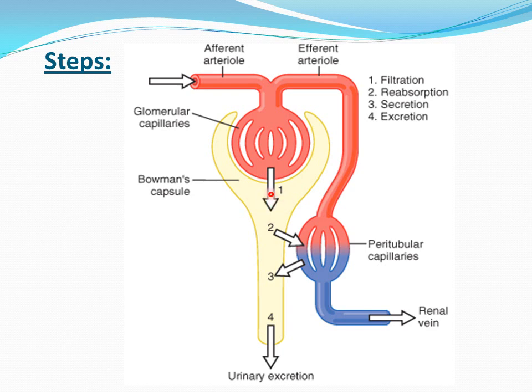That filtrate will be reabsorbed again, so the maximum of that filtrate goes back to the blood via reabsorption. But at a certain level there will also be secretion of certain substances from the blood vessels into the lumen. So ultimately the urine that is excreted is filtration minus reabsorption plus secretion. So this will make the urine excretion.